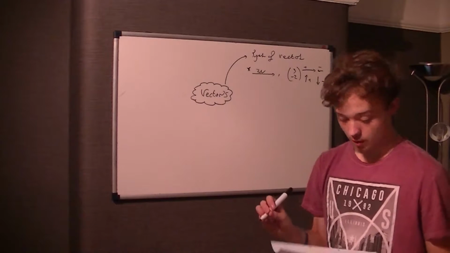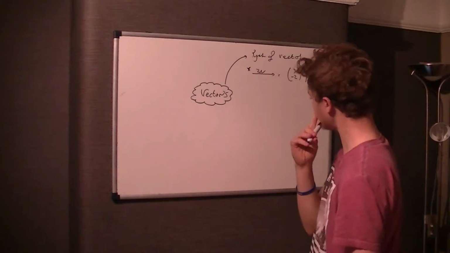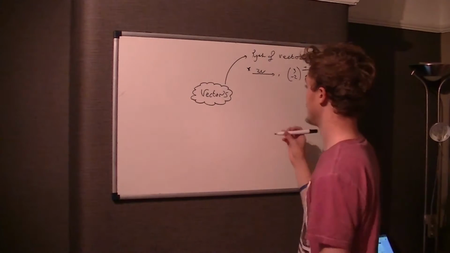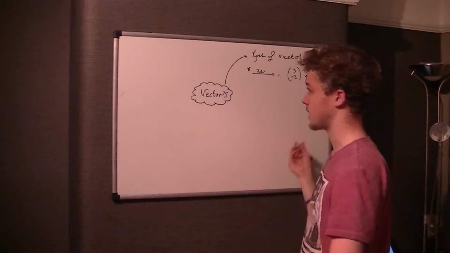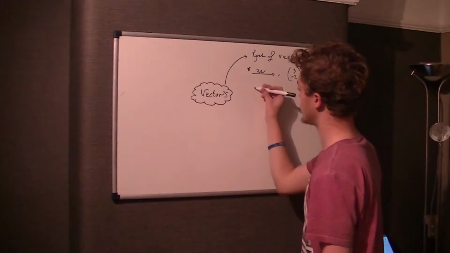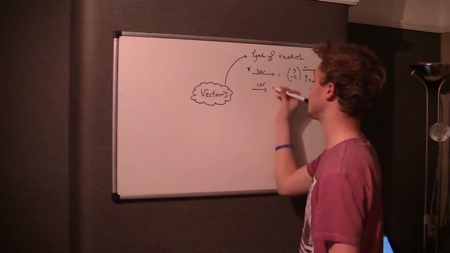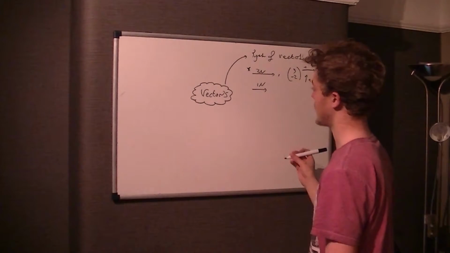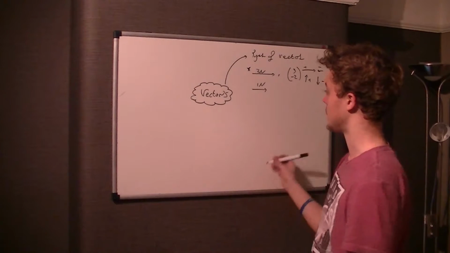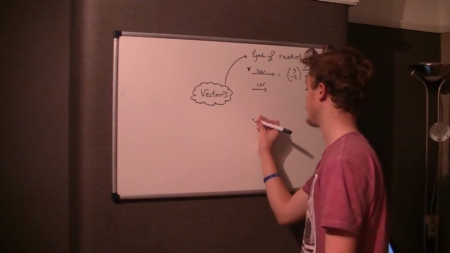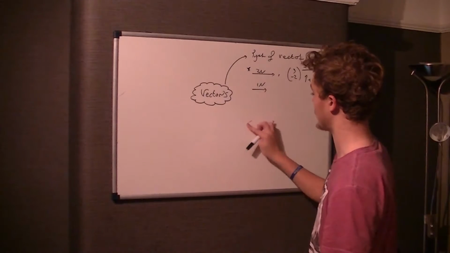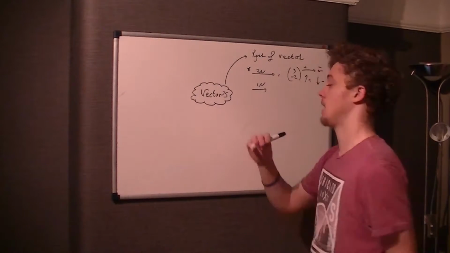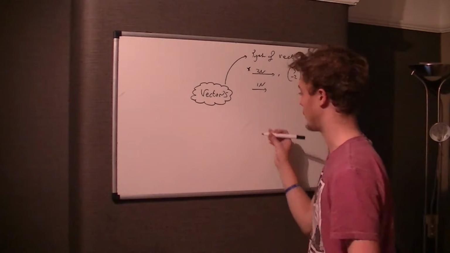And then we talked about the other types of vectors. We talked about unit base vectors, a vector that has a magnitude of 1, so something like 1 newton. We talked about 3D unit base vectors. To understand those, we need to go back to what a unit base vector is: a magnitude of 1 in a given direction.